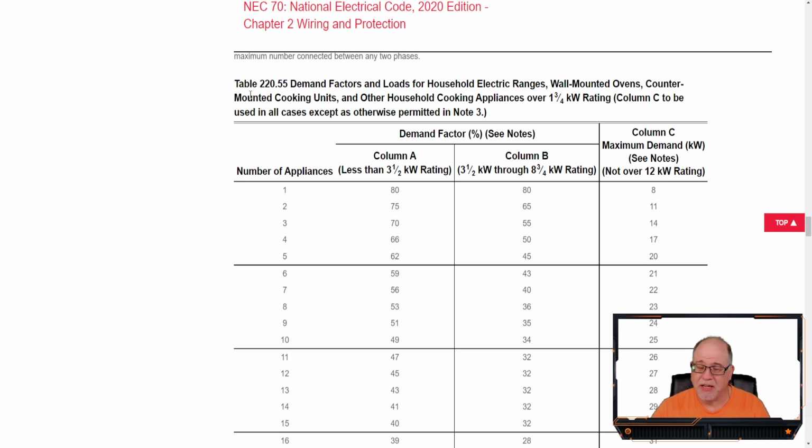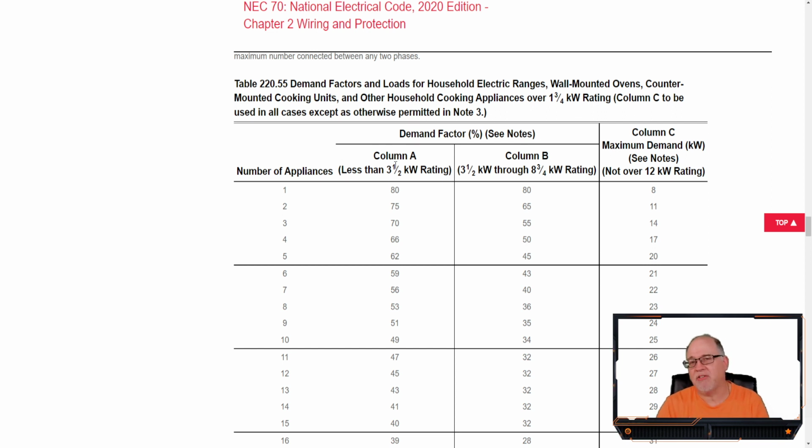The table says, Table 220.55, Demand Factors and Loads for Household Electric Ranges, Wall-Mounted Ovens, Counter-Mounted Cooking Units, and Other Household Cooking Appliances over 1 3/4 kW Rating. Then it has this all-powerful parenthesis. It says, Column C to be used in all cases, except as otherwise permitted in Note 3.